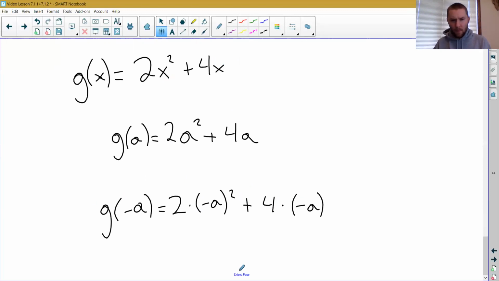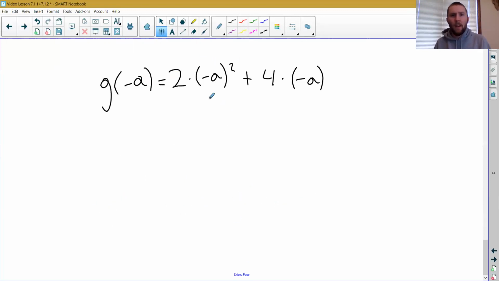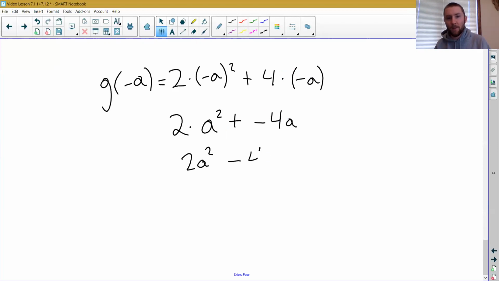So what happens here? Negative a squared is simply a squared, right? Multiplied by 2, well, that's 2a squared. And then this 4 times a negative a is negative 4a. So it says this now, 2a squared plus negative 4a, well, that's like minus 4a.